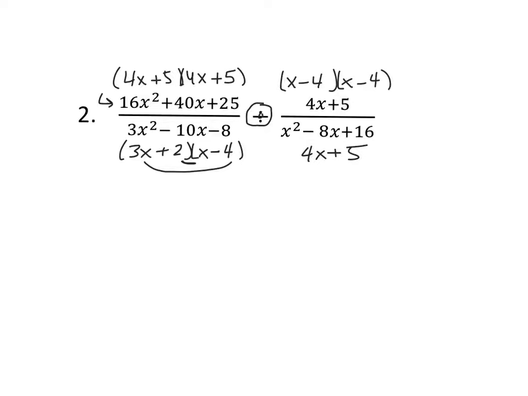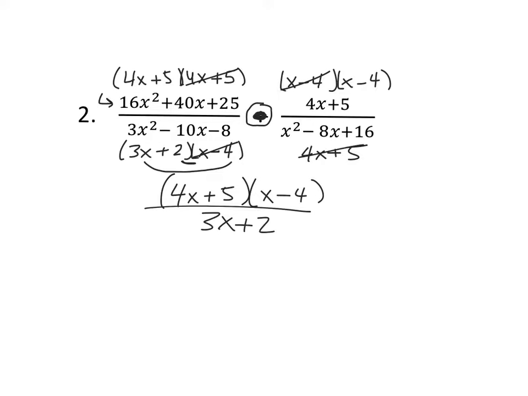Now, since I flipped it, this becomes a multiplication, and I can cross cancel. The x minus 4's are gone. The 4x plus 5's are gone. I just leave my answer as 4x plus 5 times x minus 4 all over 3x plus 2. And that's it.